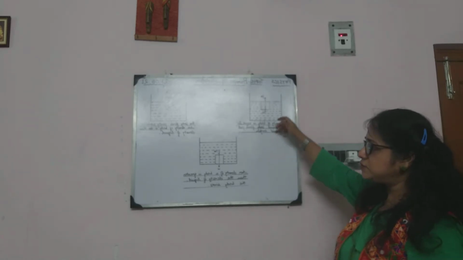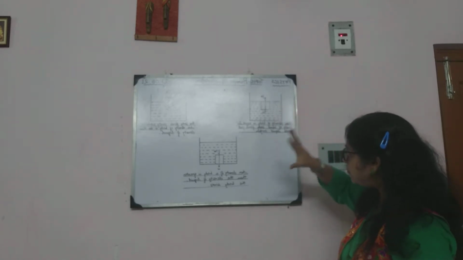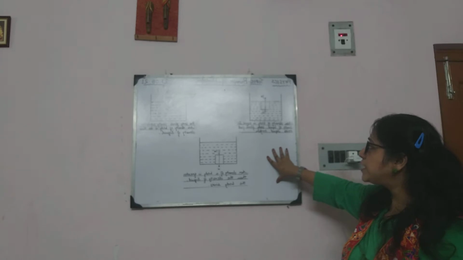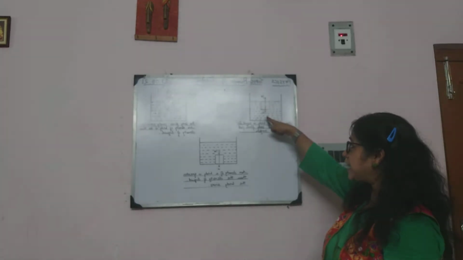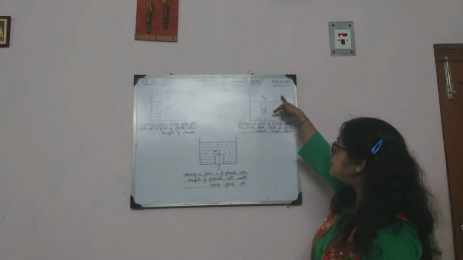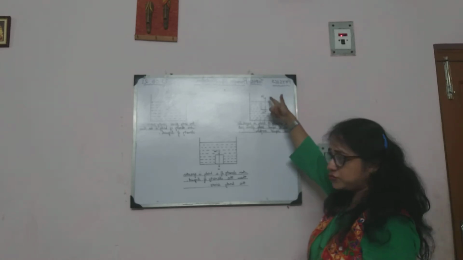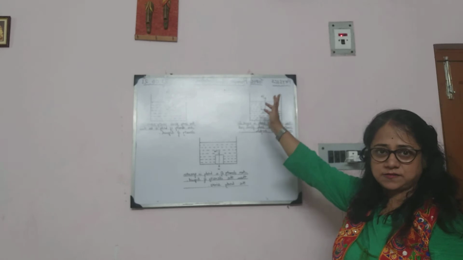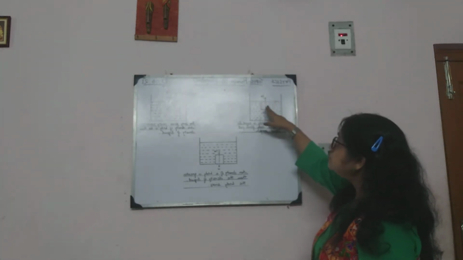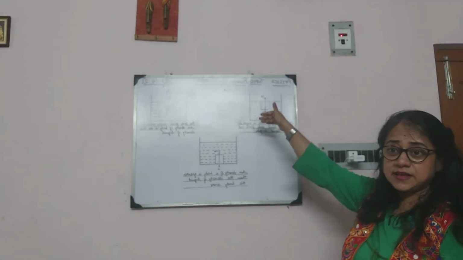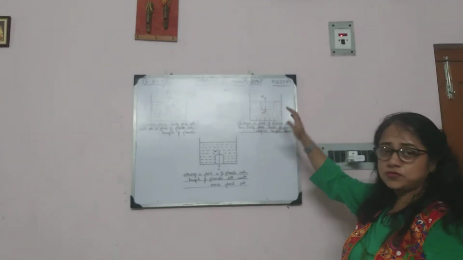Then what happens? Two forces are always acting during flotation: the weight of the object acting downward and the buoyant force, which is also known as the upthrust, which pushes the object up and helps it to float.